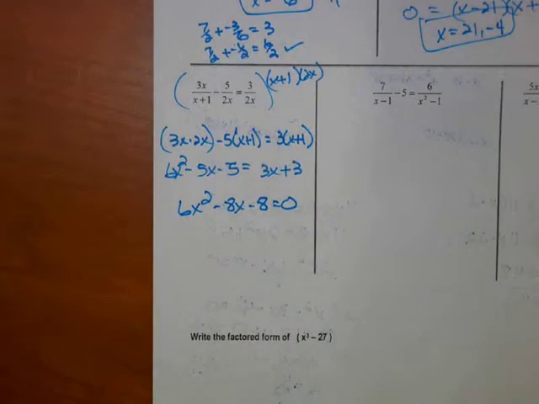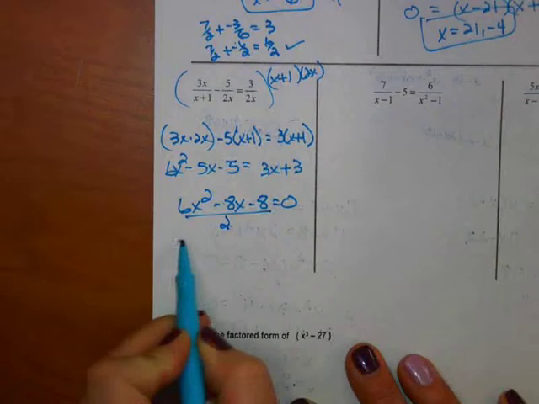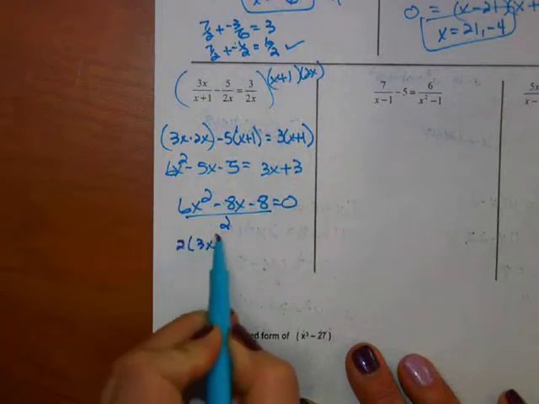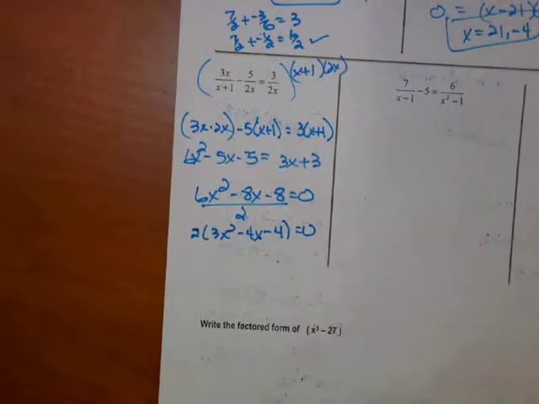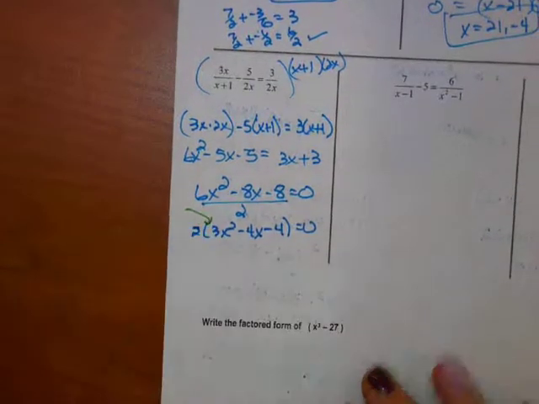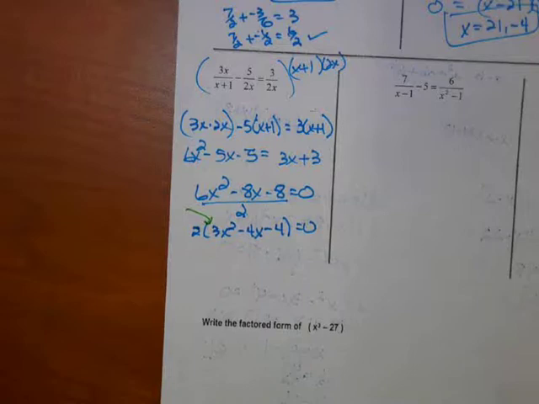At this point, what should you do? Take out a 2, it makes it a lot easier. Now, A is not 1, so you use a box or whatever method you prefer.